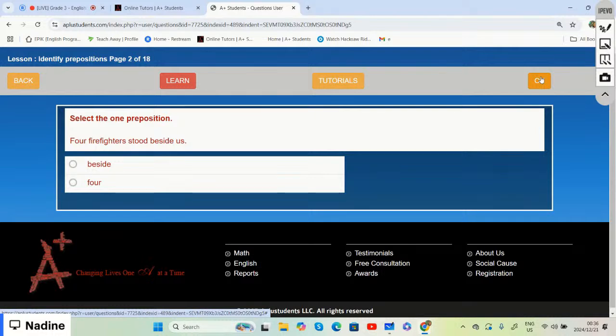All right, so four firefighters stood beside us. Is it beside, option one, or for, option two? Four firefighters stood beside us.